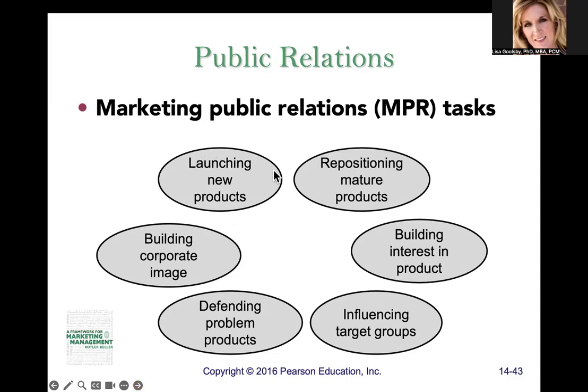So oftentimes you'll do public relations when you're launching new products, maybe you're repositioning a mature product, and that would happen in that decline stage of the product life cycle. You might want to influence target groups, build that corporate image. If you have problems that you need to defend, public relations is typically the way to go.